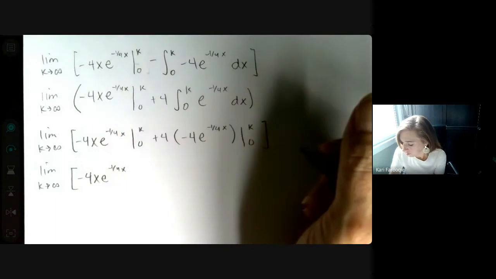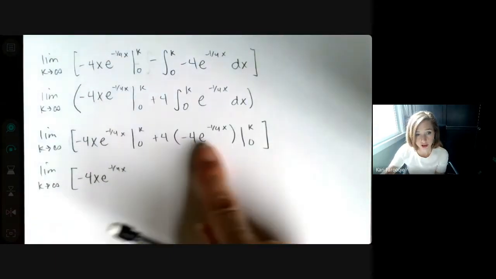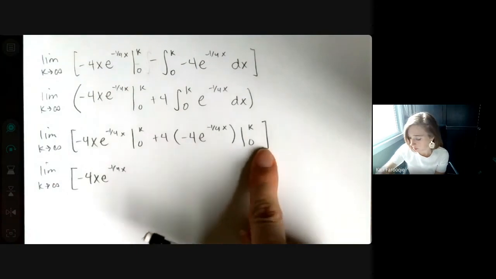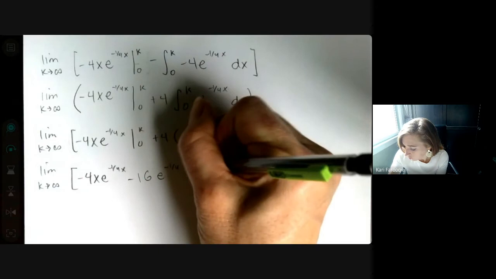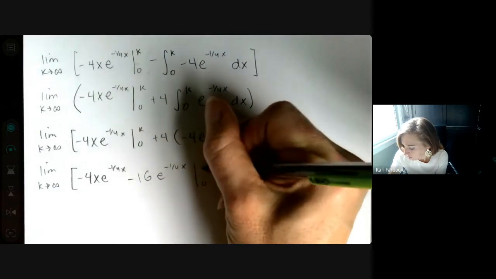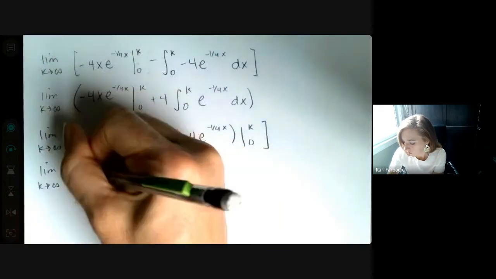Anytime I start skipping steps, stuff gets lost. Now, I'm not going to write my evaluation here again because I have the same situation over here. So I'm just going to say minus 16e to the negative 1/4 x, and I'm going to take that whole quantity from 0 to k.